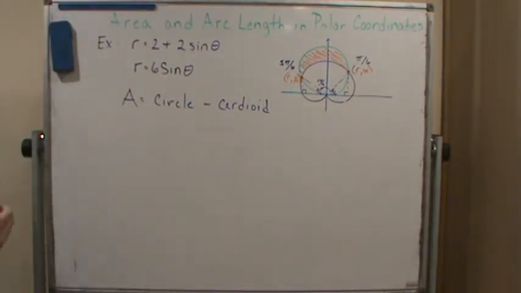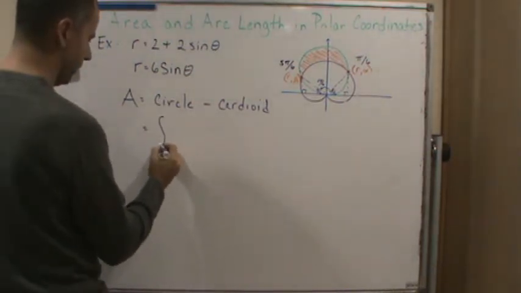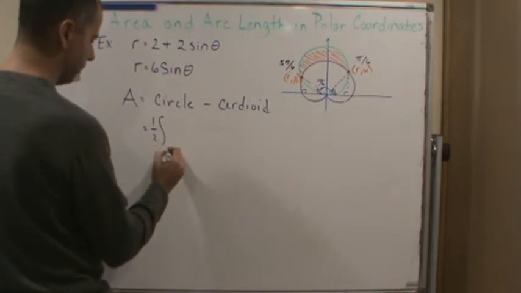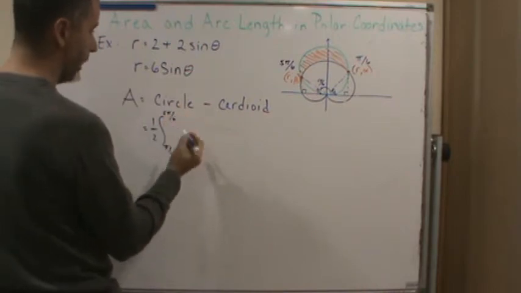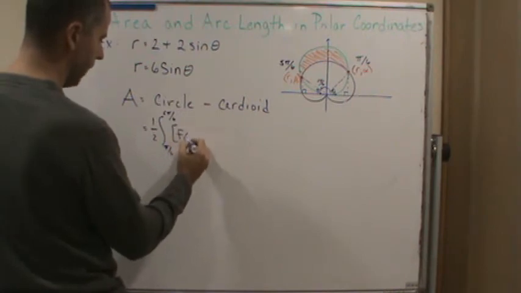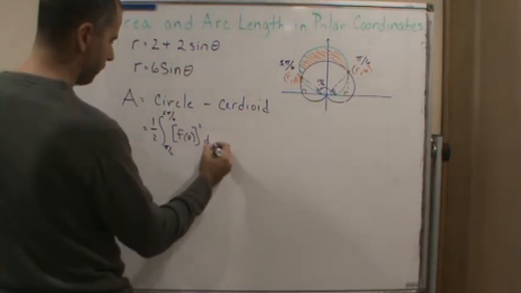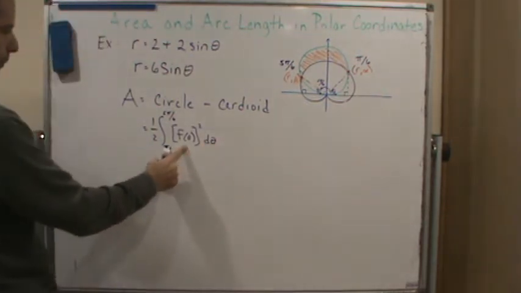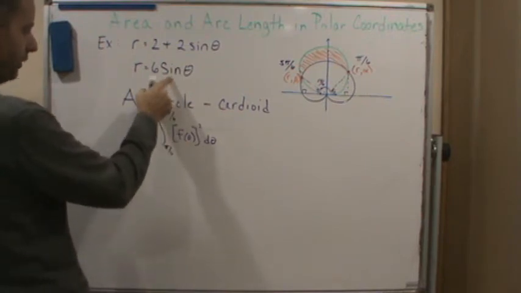Now we can set this up as separate integrals. This is going to be one half the integral from pi over 6 to 5 pi over 6 of f of theta squared d theta, but this function of theta is the circle, which is this one.